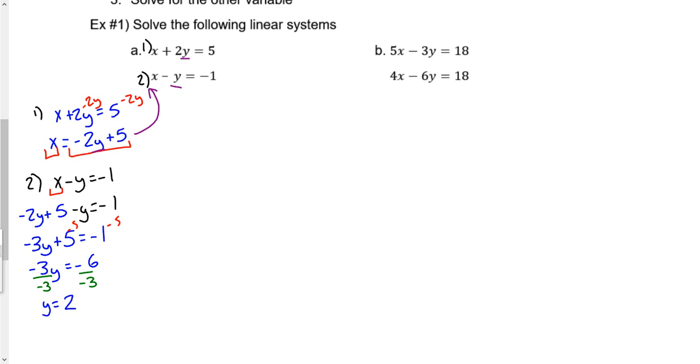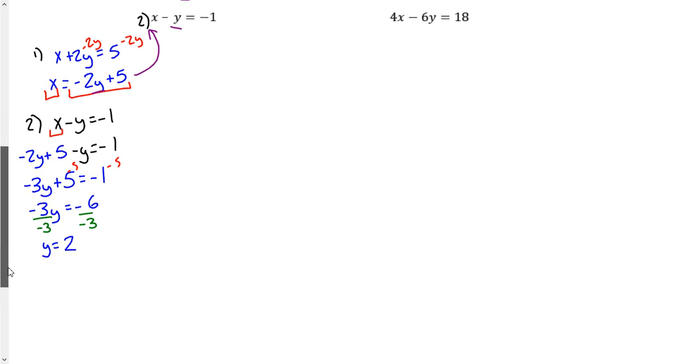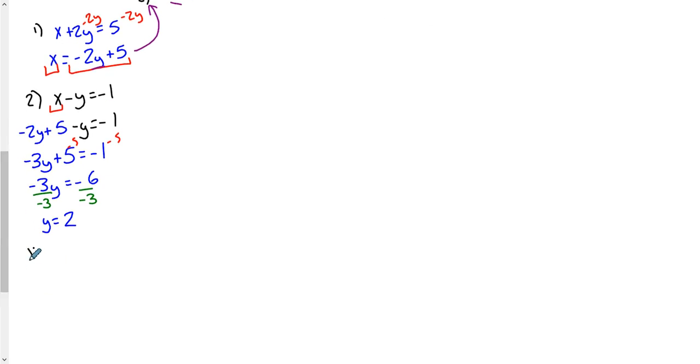Well, if that's the case, if I just grab the wrong thing, my x equals negative 2, no, I'm sorry, I'll just erase that for a second. x equals negative 2y plus 5.